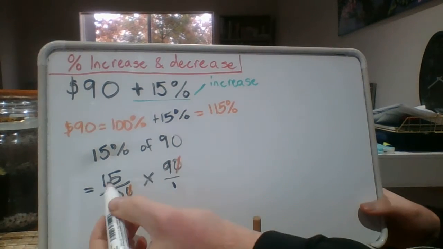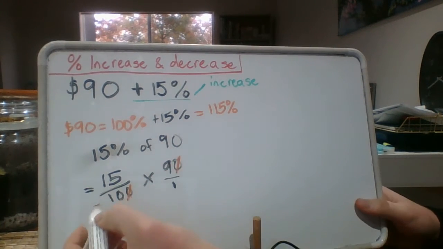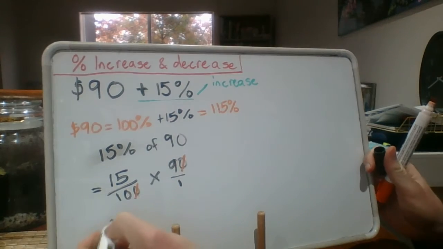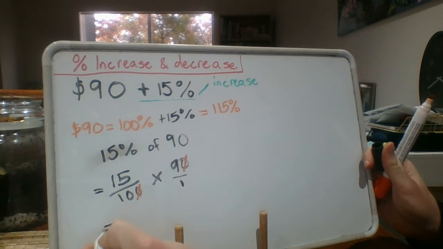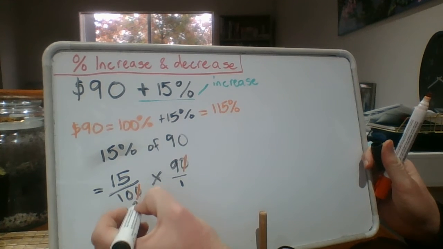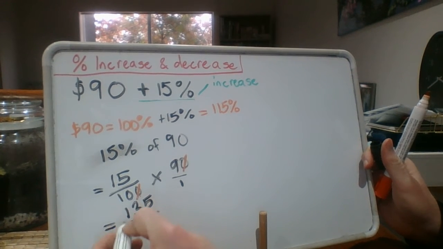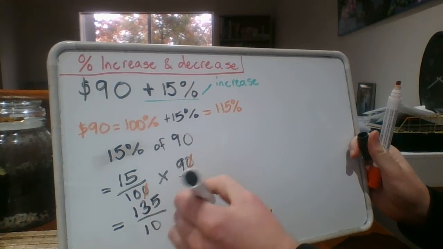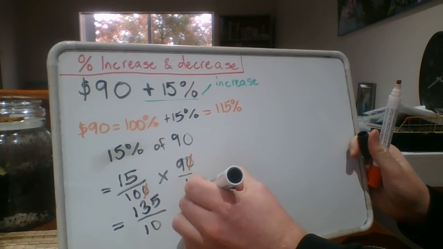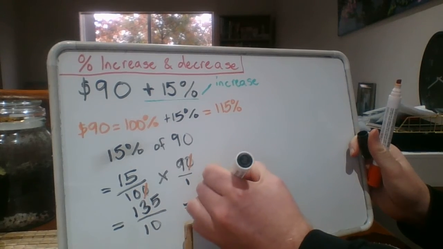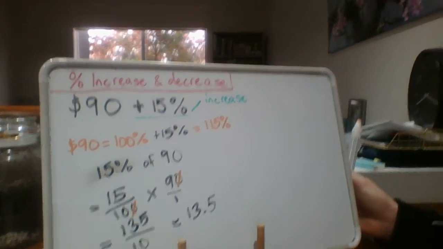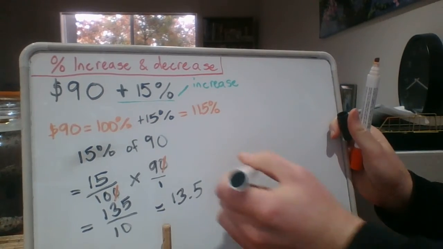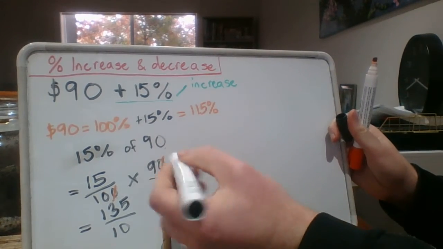And I've got 15 times 9 divided by 10. 15 nines would give me 135 divided by 10, which would make 13.5.